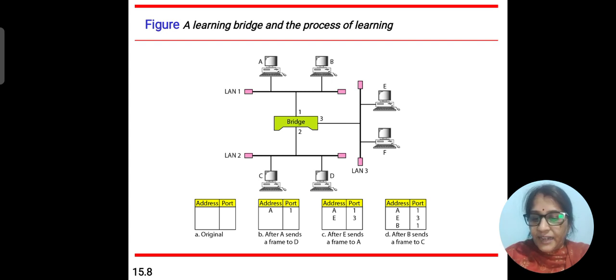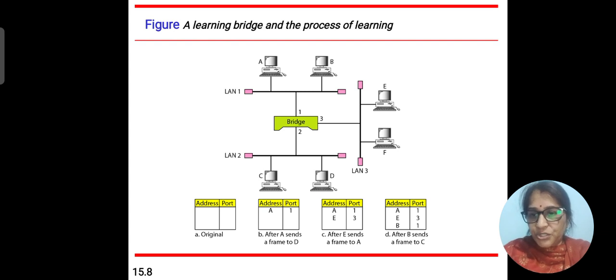From the source address, the bridge learns that station A must be located on the LAN connected to port 1. This means that a frame destined for A in the future is sent out through port 1. The bridge adds this entry to its table.